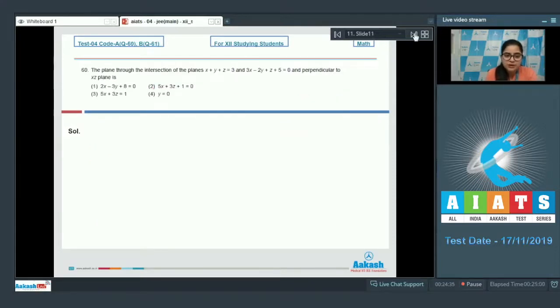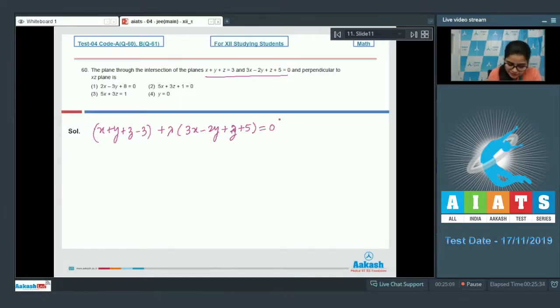Question number 60. The plane through the intersection of planes x plus y plus z is equal to 3 and 3x minus 2y plus z plus 5 is equal to 0, and perpendicular to the xz plane. So this question is based on family of planes. So just write down the equation of the plane passing through both planes: x plus y plus z minus 3 plus lambda times 3x minus 2y plus z plus 5 is equal to 0.